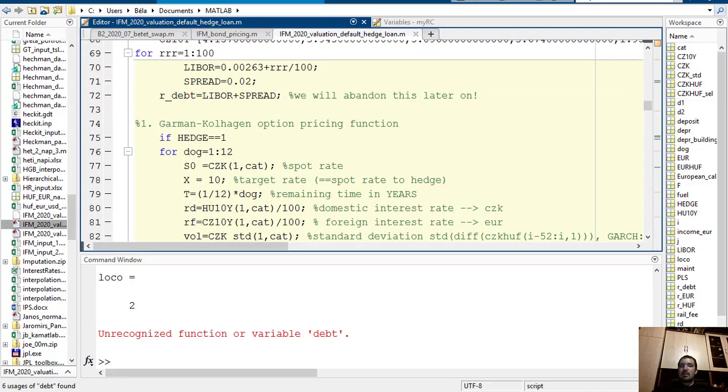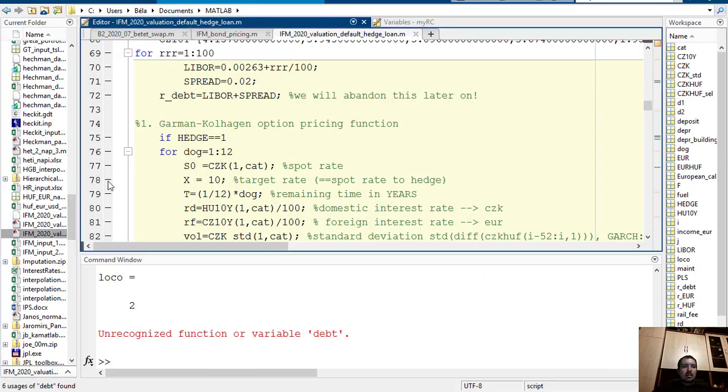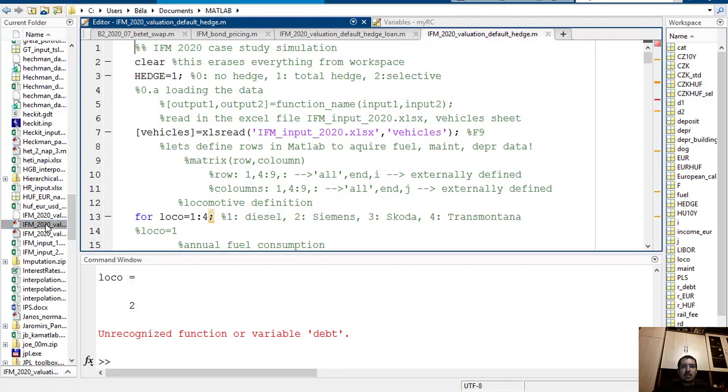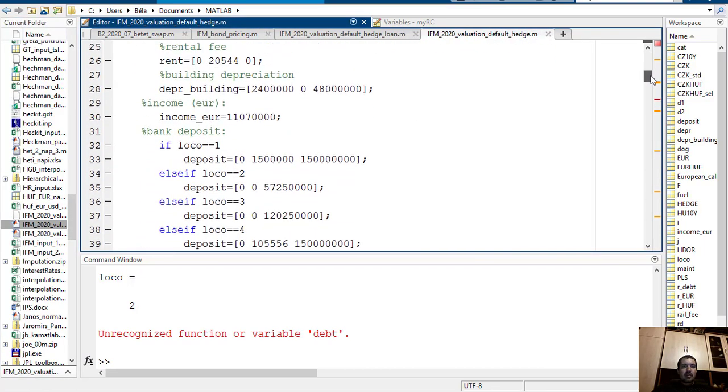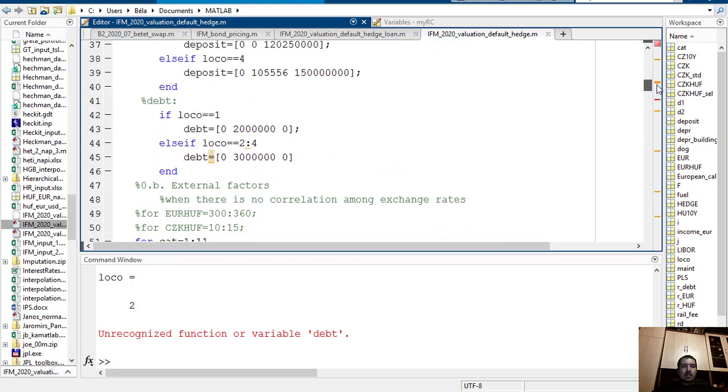That's the reason why I did not want it to overwrite anything. Yeah, 41.